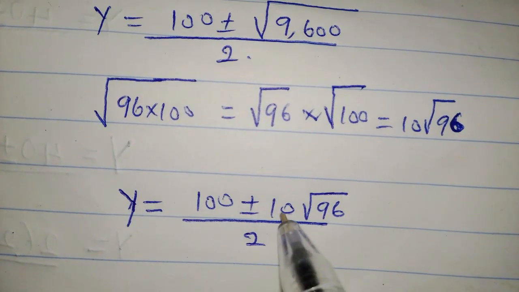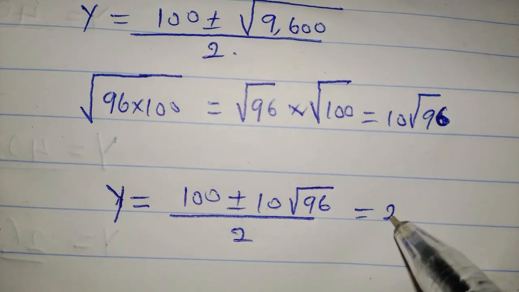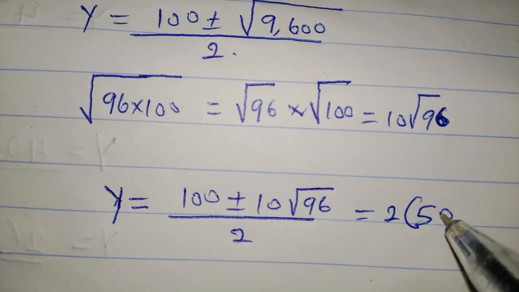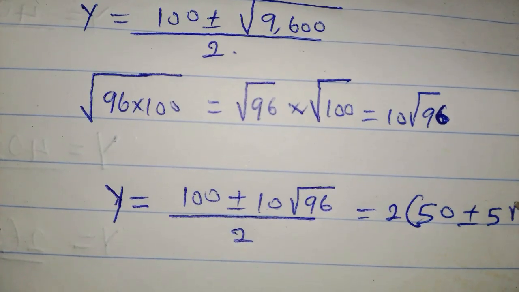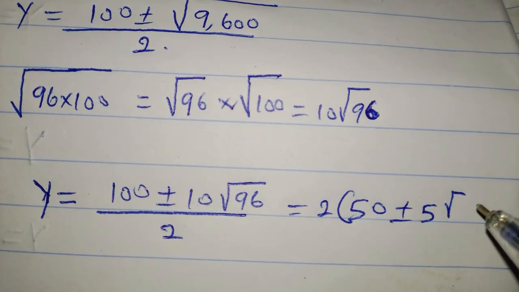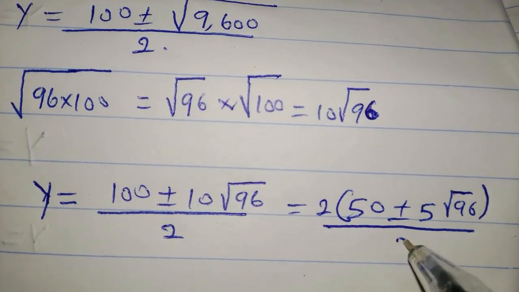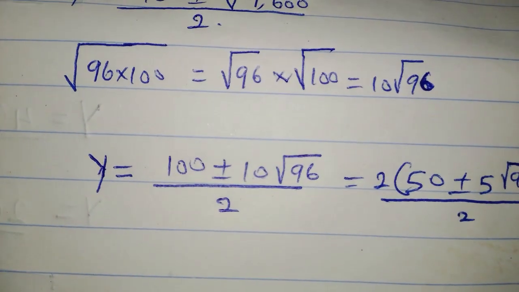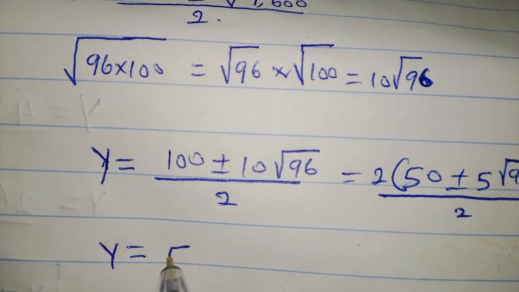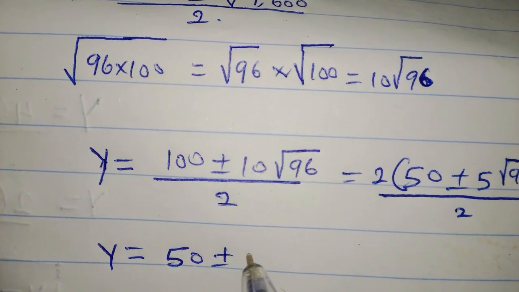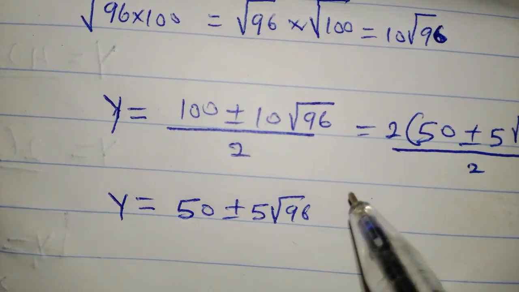Okay, if we bring out the common factor, we have 2 open bracket 50 plus or minus 5 root 96 close bracket over 2. So from here we have our y to be equal to 50 plus or minus 5 root 96.